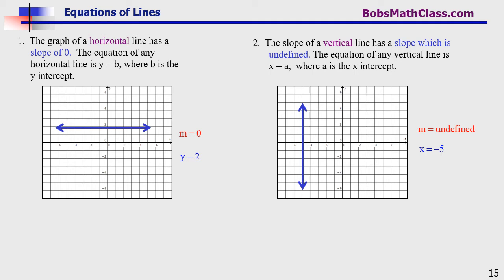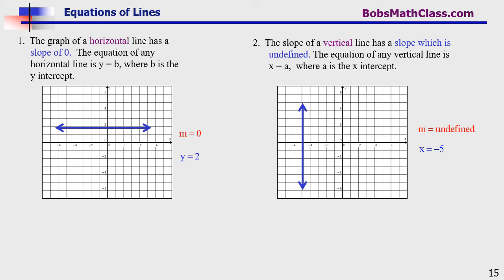Okay, I want to talk about horizontal lines and vertical lines now. A horizontal line has a slope of 0. So make sure you memorize these facts if you don't already know it from a previous lesson. The equation of any horizontal line is y equals b, where b is the y-intercept.